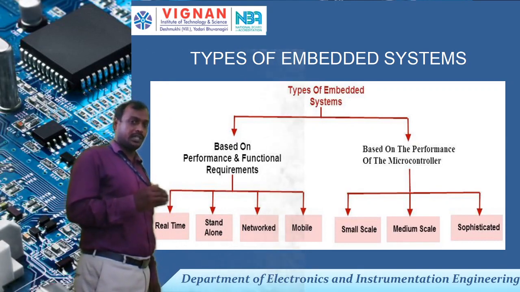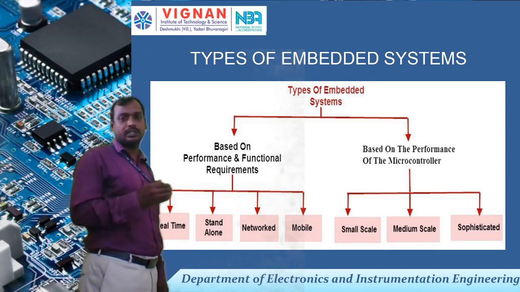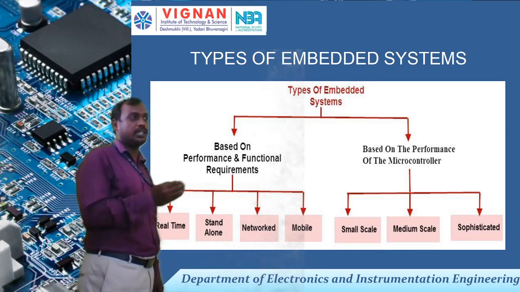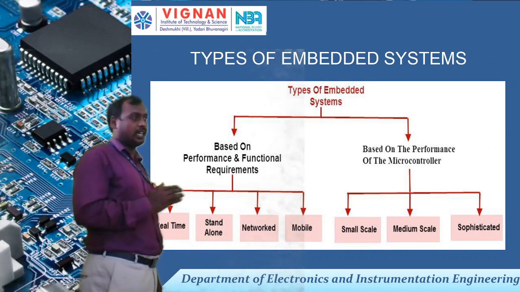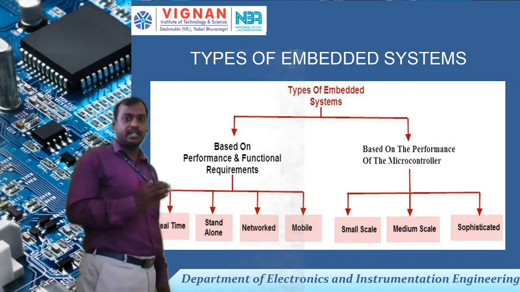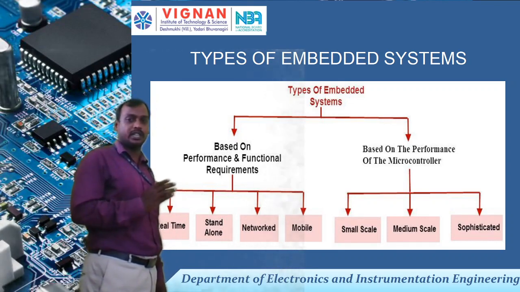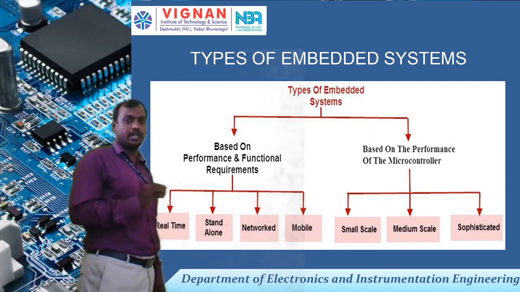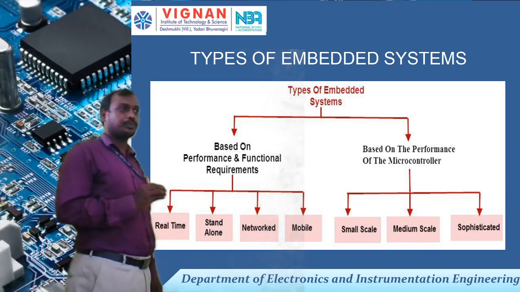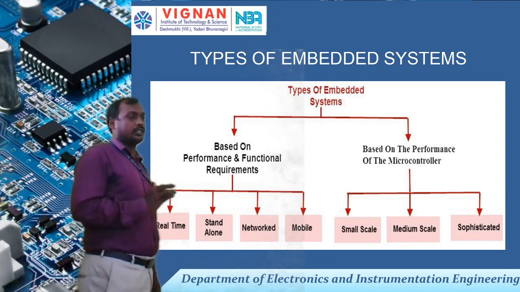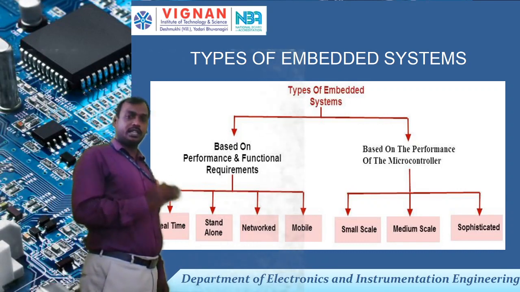Or if you give a command to switch on the air cooler or air conditioner, it will take a few seconds. That is not a problem. Hard real time systems depend on time criticality. Whatever command you give, it should be executed within that time only.